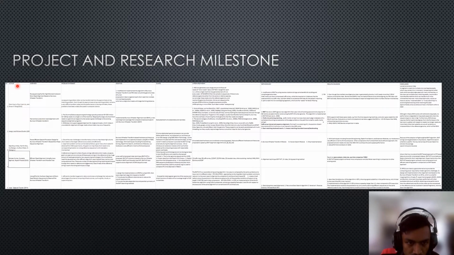We can see the first one is the author, and then the overview of the project, problem statement, objective, scope, literature review on the paper, then methodology, also result and discussion, and conclusion. By using this method, we can save a lot of time because we sort all the important points into a specific column.